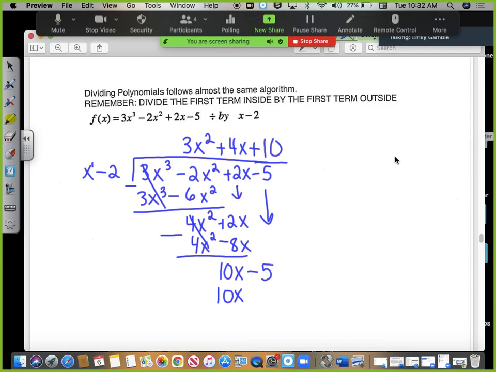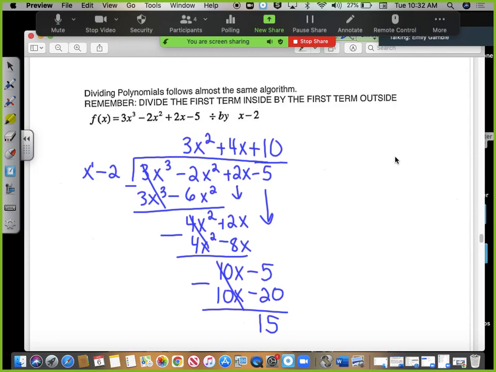Negative 2 times 10 is negative 20. And we subtract. 10x minus 10x cancels out. And then negative 5 minus negative 20 is negative 5 plus 20, which is 15.